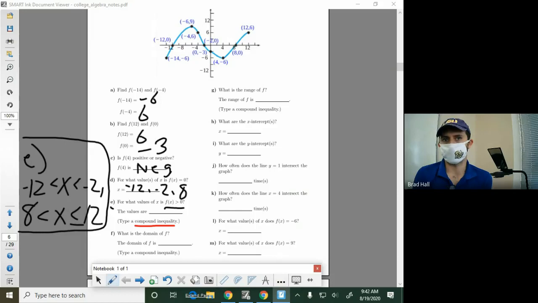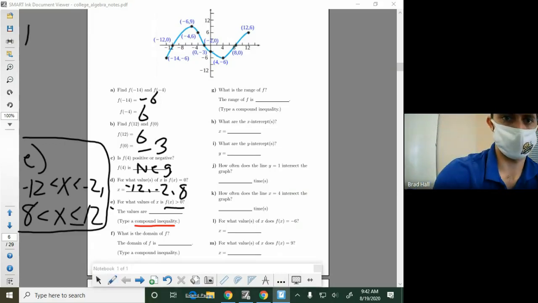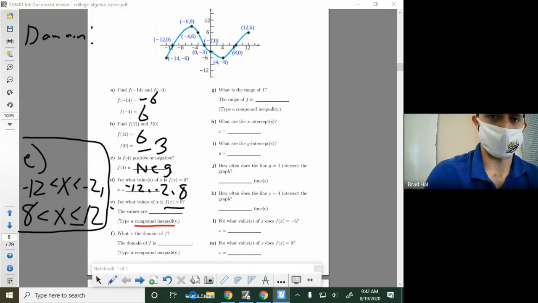You have a graph. And normally I give some sort of association here. For the domain, pretty much the association, left to right, and x values.